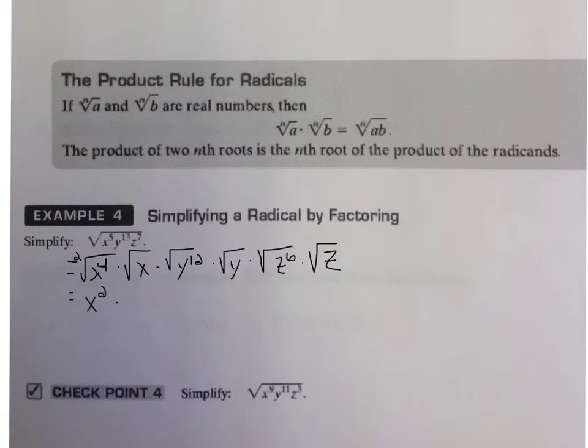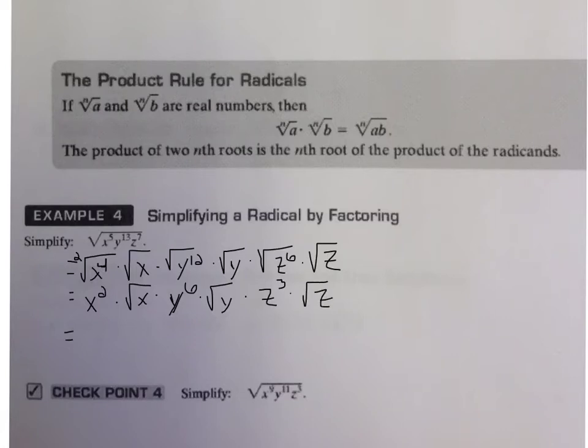And we can't do the square root of x, so that's just going to stay a square root of x. And we divide the 12 by 2, and we get y to the 6th. And we can't do the square root of y, so it stays as a square root of y. The power on the z is 6, so we divide that by 2 and get z to the 3rd, and we have a square root of z.